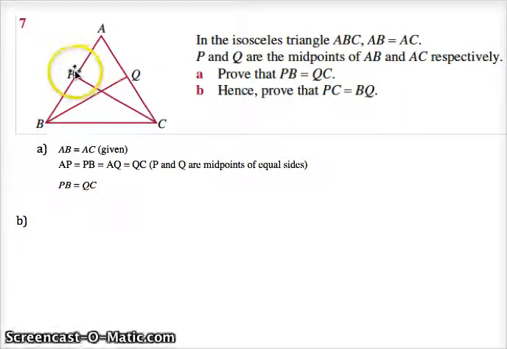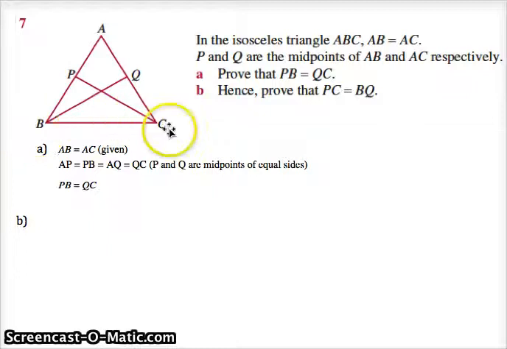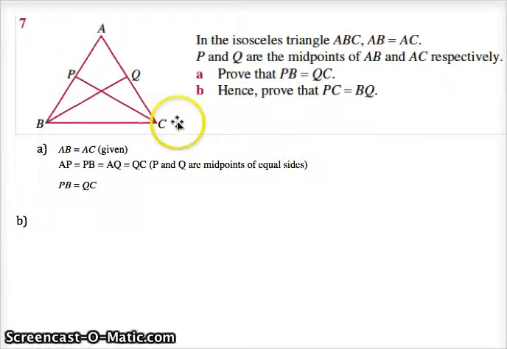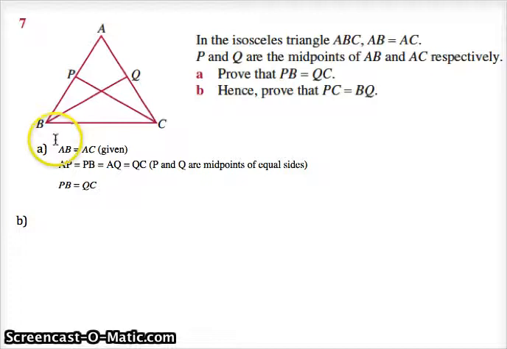PC is a side in triangle PBC, and QB is a side in triangle QCB. So if we can prove that triangle PBC and triangle QCB are congruent, we can then say that PC and QB are corresponding sides of congruent triangles. So that's the approach that we're going to take.